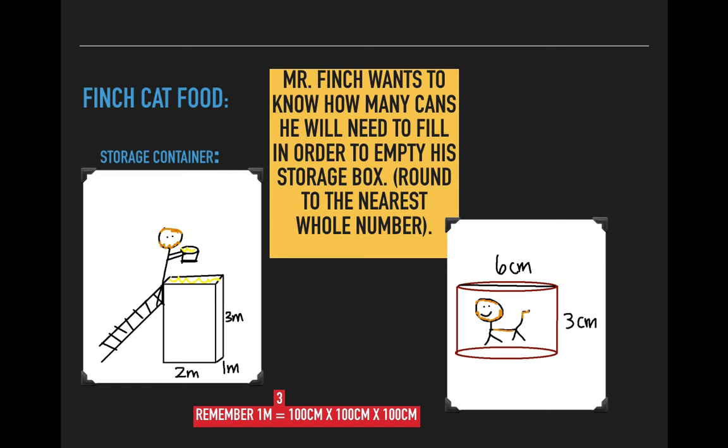So this would be 100 centimeters, and it would be 100 times 100 times 100, because that's how you understand volume. So 1 meter cubed is equal to 1 million centimeters cubed. You have to remember that when you're doing the calculation.